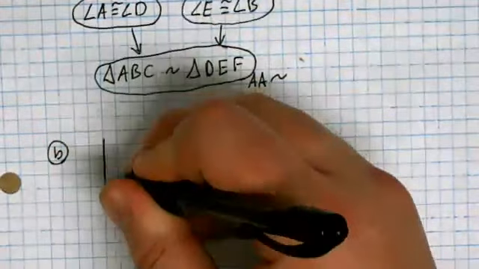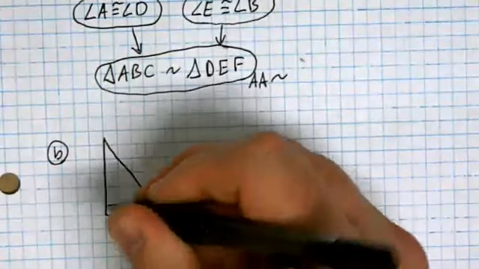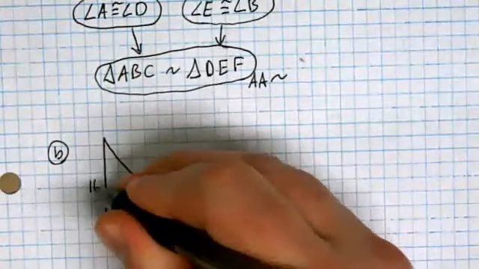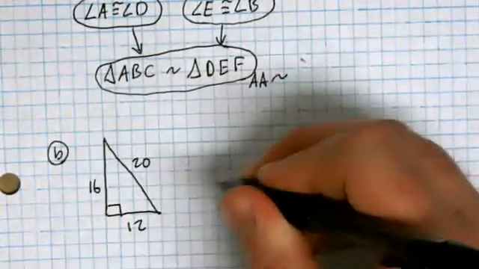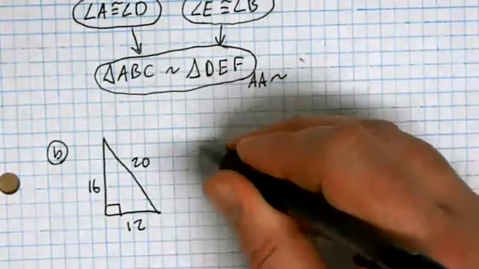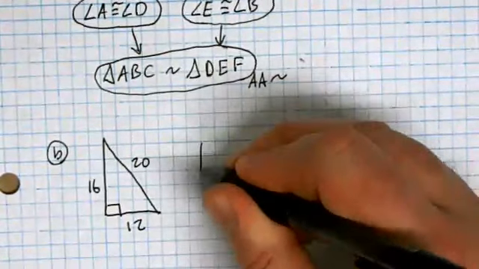Ooh, this is a right triangle. And then I'm going to draw the other triangle so that it's also with the right angle down on the bottom left. And my longer side is here. My longer side was 12. And this is 9.